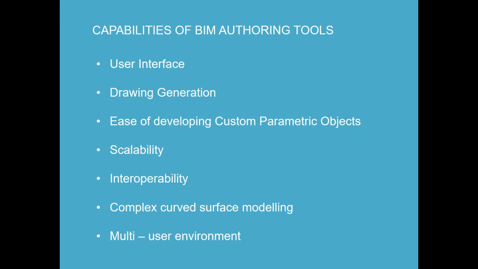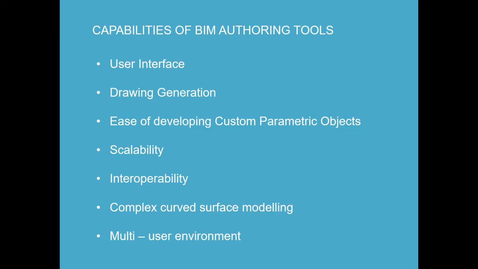Okay. Then we have this term called interoperability. We will also see it in detail in our upcoming slides, but I will just give you an idea. Interoperability is the basic capacity of software in which any two softwares, irrespective of the make, the company, or the versions of the software, can transfer or communicate data between them.